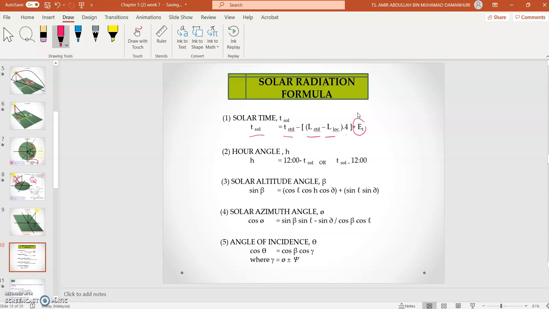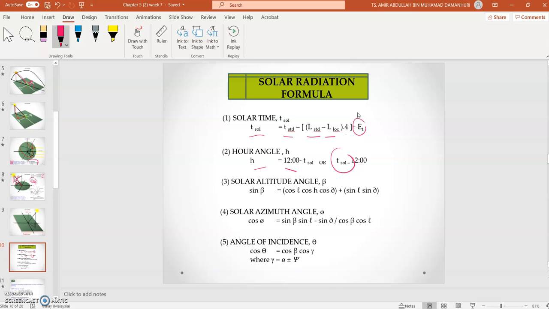And then the hour angle that we are going to calculate here is H equal to 12 minus T sol. Or if the time is more than 12, then automatically T sol will be minus 12 here. And then we are going to extend our calculation.